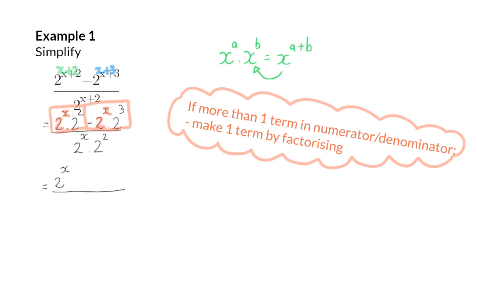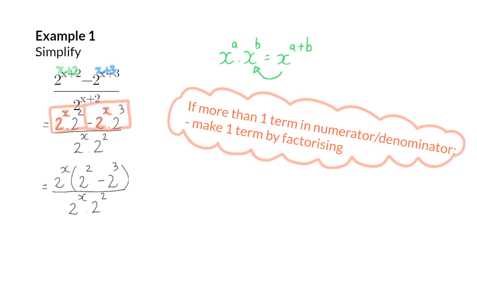Once removed, in my first term, I'll be left with 2 to the power of 2, and in my second term, minus 2 to the power of 3. The denominator is already one term and cannot be factorized any further.